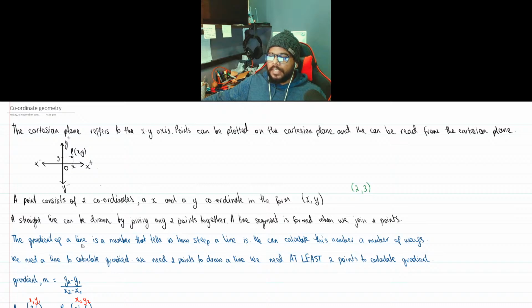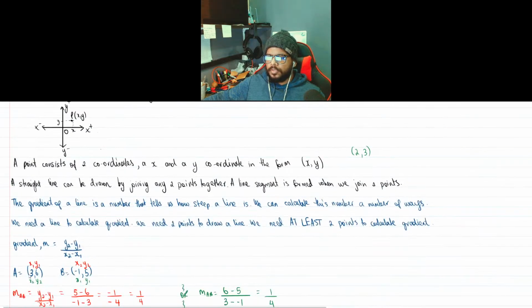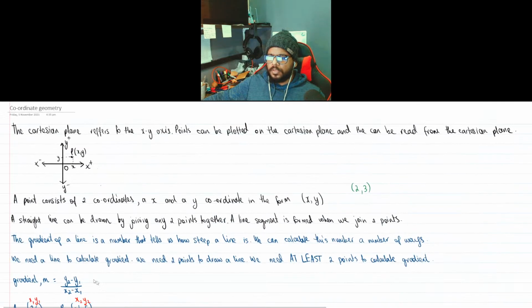The gradient of a line is a number that tells us how steep a line is. We can calculate the gradient a number of ways. Now, I'll show you just one way, because you all don't need to know all the ways. I'll just show you one way as an introduction. When we get good at it, I'll show you the rest of the ways. So I'm going to just plot these 2 points, 3, 6, and -1, 5.